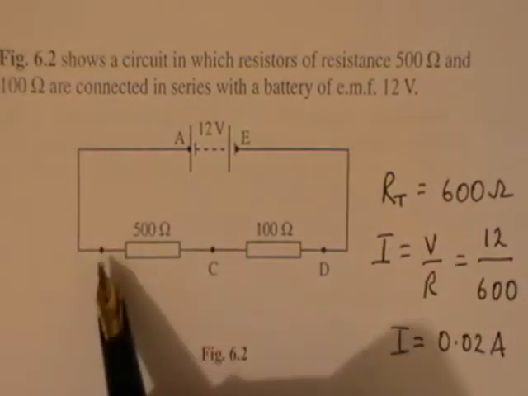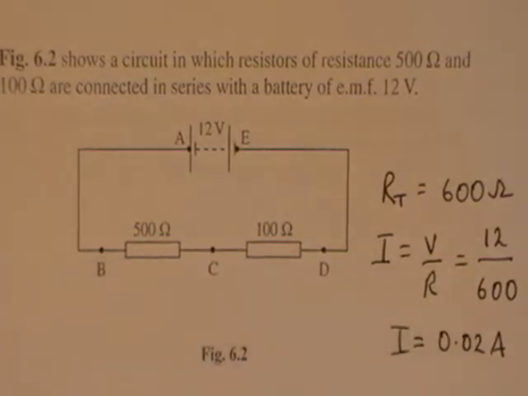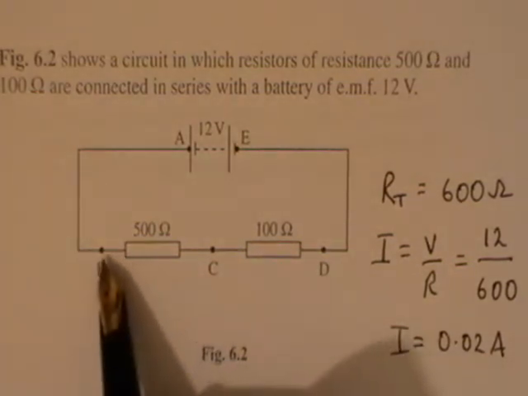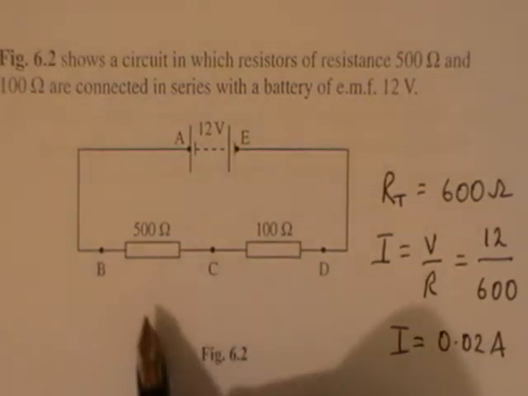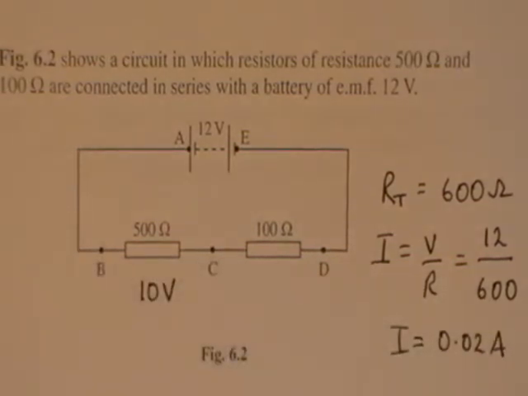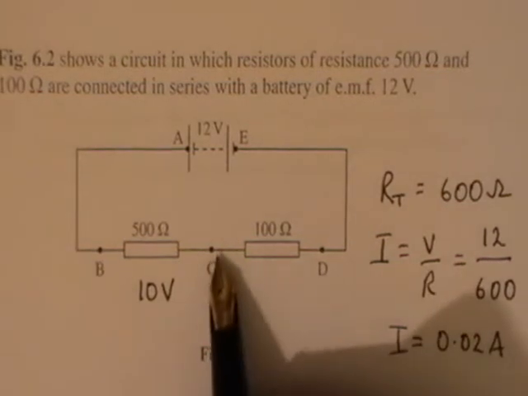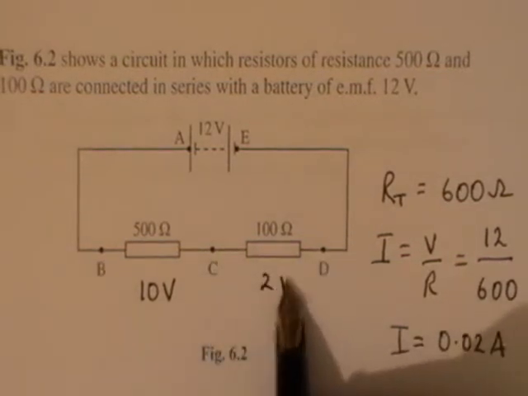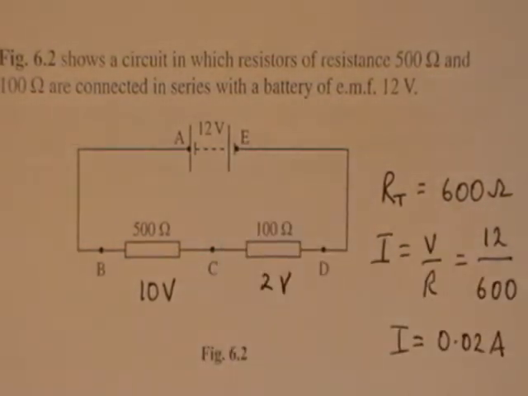From A to B the voltage stays the same because we have negligible resistance in the wires, but from B to C we have a 10 volt drop. Then from C to D we have a further 2 volt drop, and then it remains constant throughout.